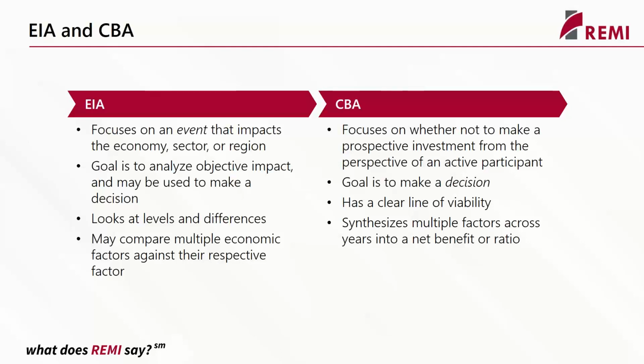But with a cost-benefit analysis, there is an explicit weighing of costs against benefits, benefits against costs. And as we'll see, it has a clear line of viability. I'll go into what that means in a moment. It also synthesizes different factors across years into net benefits, net costs, or a ratio.